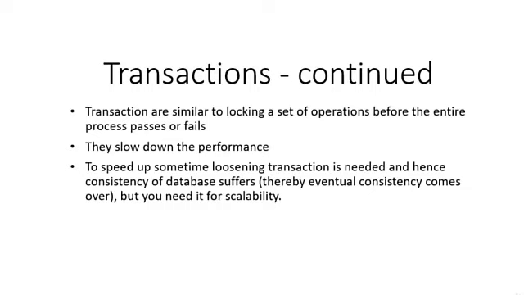Transactions are very similar to locking a set of operations before the entire process passes or fails. As you are locking a set of operations, it does slow down performance. So if there are too many transactions on a database, the performance is going to take a hit.